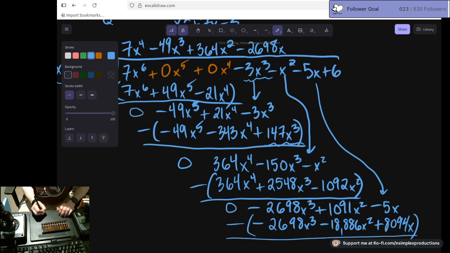And then we get, so this is a 0 engineered that way again. Here, this is a 1091 subtracted from, is added now to 18,886, is going to be 19,977.